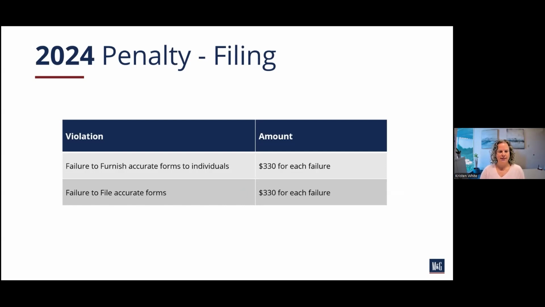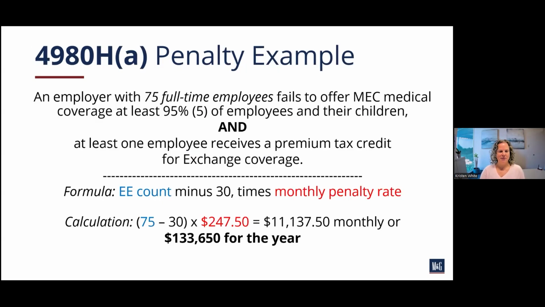Okay, we're going to do an example of that first big penalty. Again, a lot of words on this slide, but we'll run through it together. So this example, we have 75 full-time employees, and we failed to offer that minimum essential coverage to enough of them. And one of our employees received that tax credit and got coverage out in the exchange.